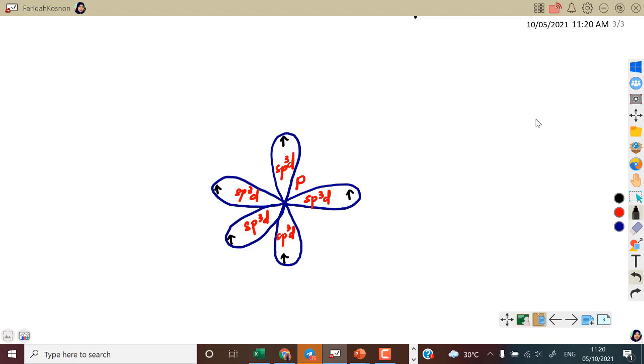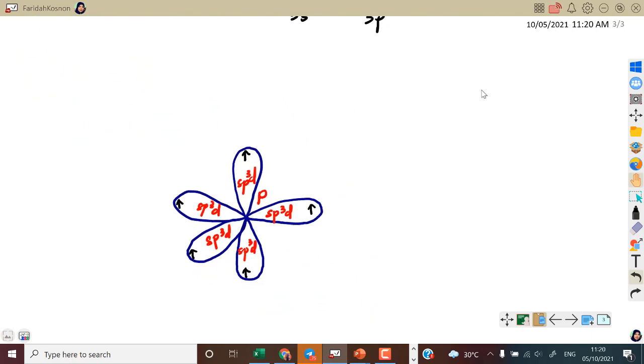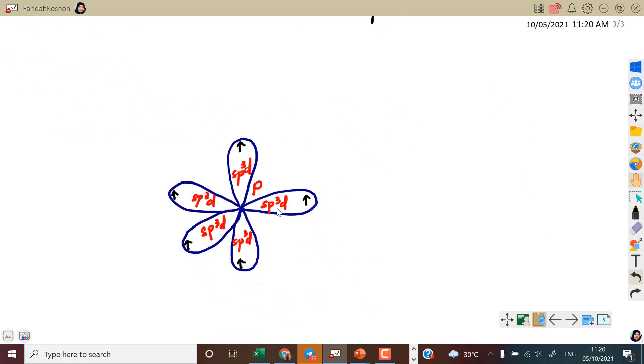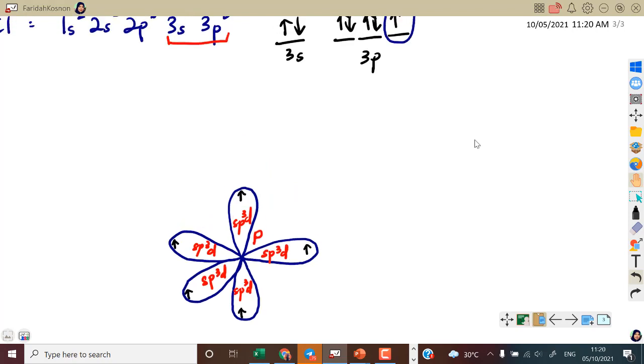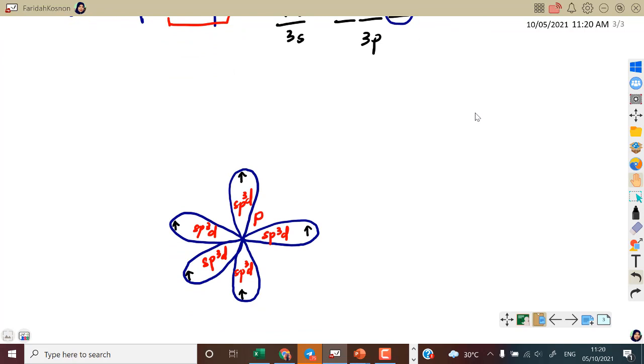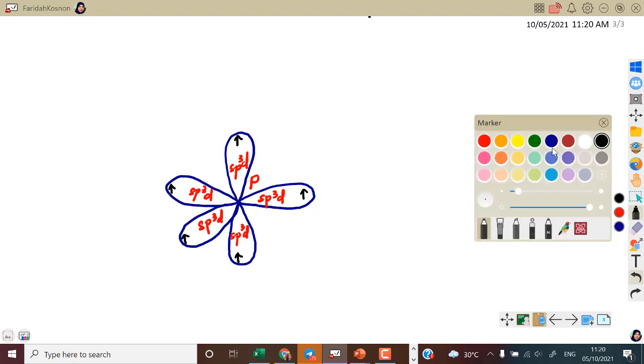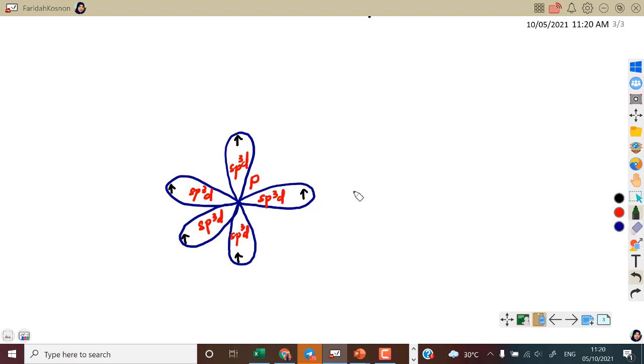Jadi sekarang kita nak show the formation of sigma bonds where sharing of electron occurred between phosphorus and chlorine. Jadi overlapping akan berlaku antara sp3d orbitals and 3p orbitals of chlorine secara end to end. Jadi kena lukis end to end sebab sigma bond mesti form daripada overlapping secara end to end. Okay, so let's say I want to use green color.